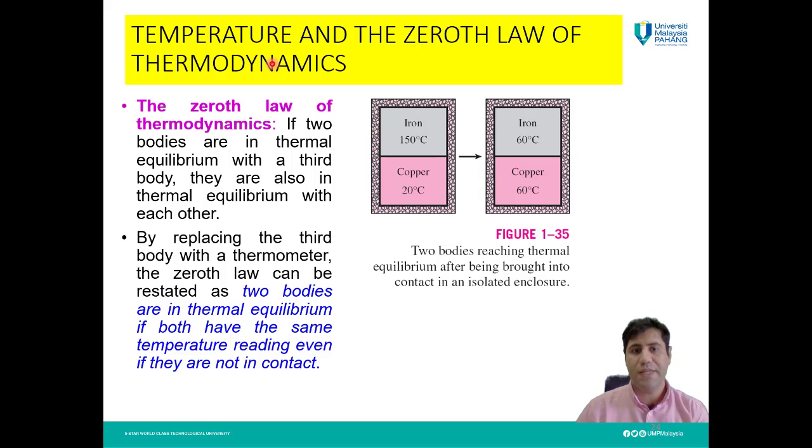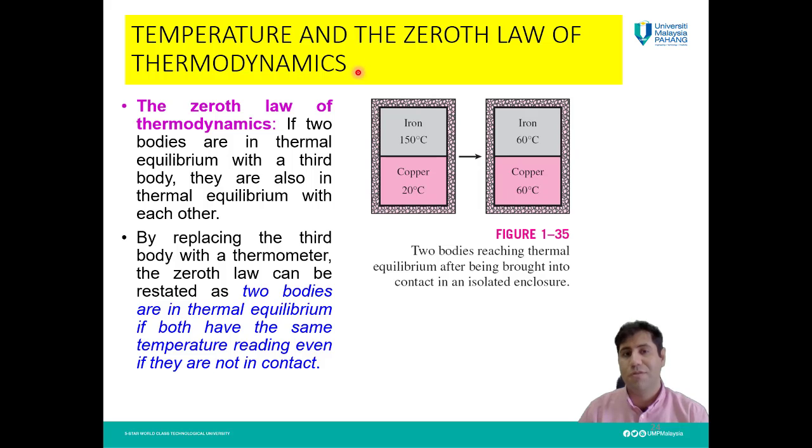The other important property of a system is temperature, which we can define by the zeroth law of thermodynamics. Why do we introduce the zeroth law of thermodynamics after the others? We could just start from the first law, then second law, third law, and so on. But why do we have the zeroth law?